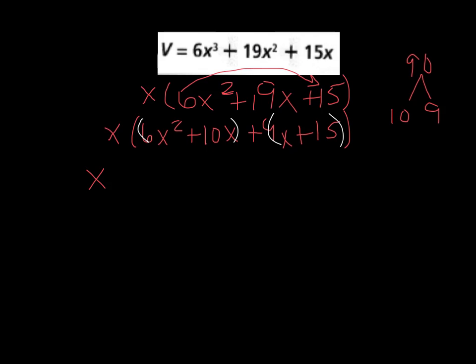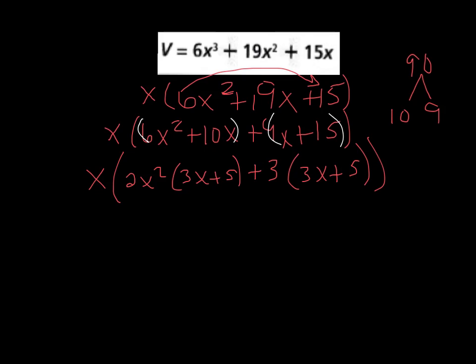So the x is still there, we just carried it along. The 6x squared plus 10x, I can factor out a 2x, which will leave 3x plus 5. 9x plus 15, I can factor out a 3, which will leave 3x plus 5. So I have an x, a 3x plus 5, and a 2x plus 3.